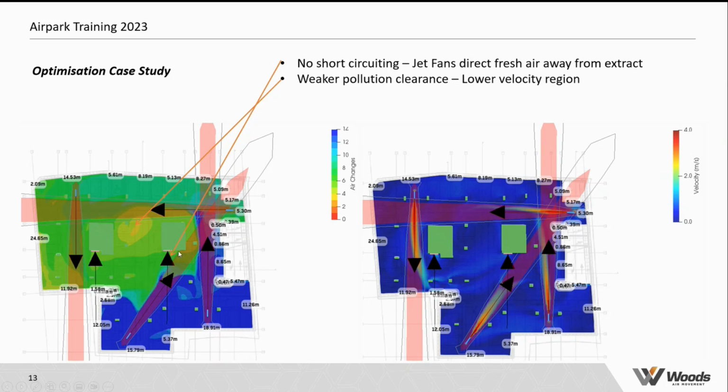As a result of this, more areas in the car park have turned further green, with this region here even starting to turn blue, showing greater air changes in this region and generally showing a better air distribution throughout the car park and a better system. However, because this jet fan here is now angled in this direction, it's no longer ventilating this middle part of the car park.